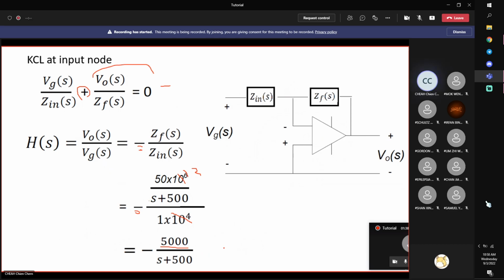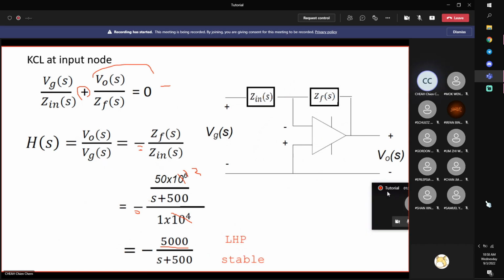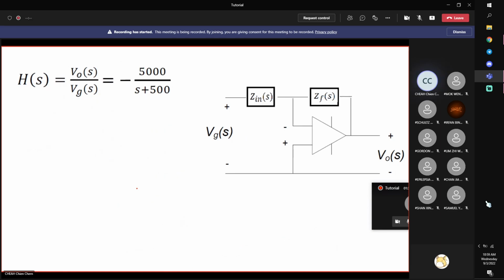Now, remember, you need to check the poles, correct? This means S is equal to negative 500. Left hand side, stable. So we proceed to find the output. If this were on the right hand side, then the output would be equal to infinity. But this is on the left half plane, so we can proceed to find the output.